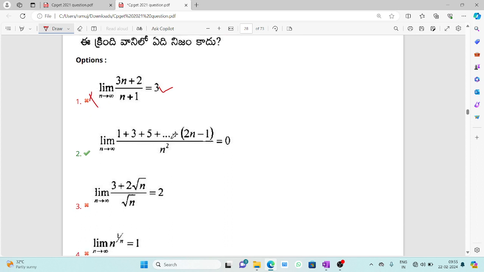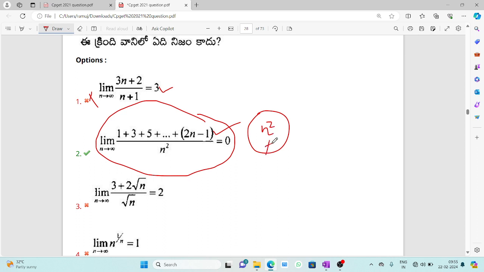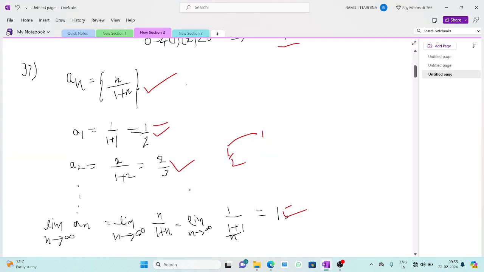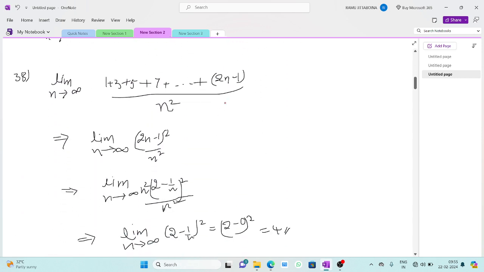If you observe the next option carefully, 1 plus 3 plus 5 plus so on up to 2n minus 1 is a sum of odd terms. Whenever we have the sum of n odd terms, we can say directly that it is n square. In place of n, we replace n minus 1 here.